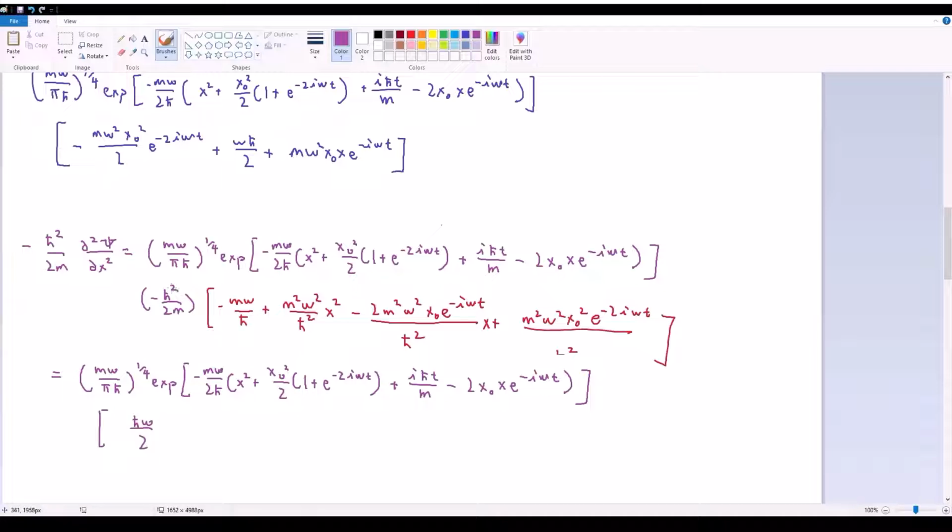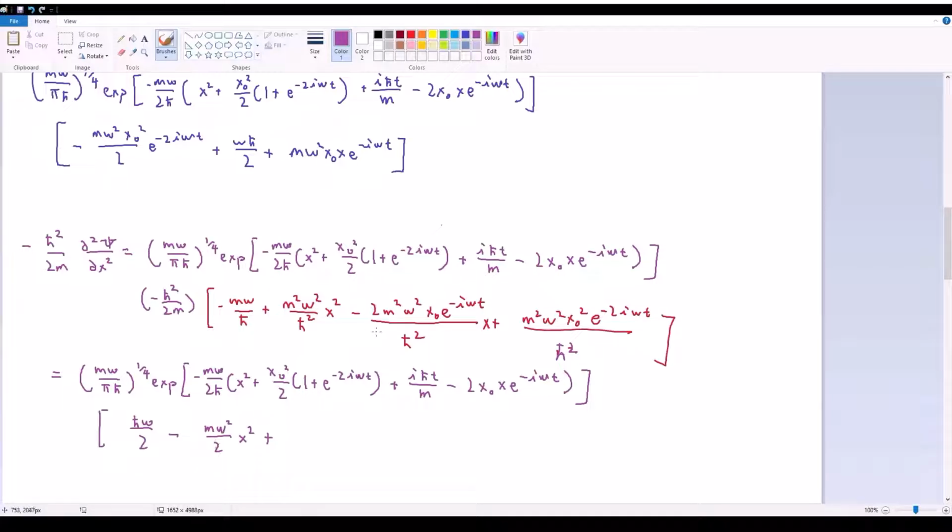H bar cancels with that, the two positives, omega over 2, yeah. And then we're subtracting, the h bar squared cancels out with the h bar squared at the bottom, one of the m's cancels out, we have m omega squared over 2 times x squared, I believe. Yeah. And then over here, the two minuses make a positive, and I just realized the h bar squared got cut off again.